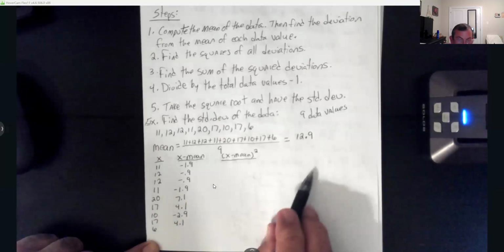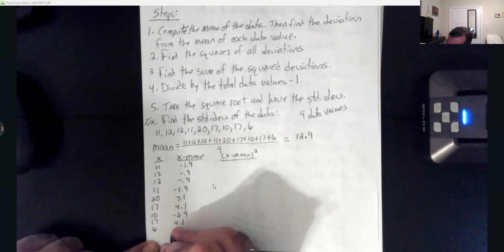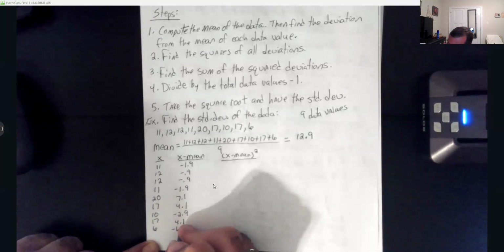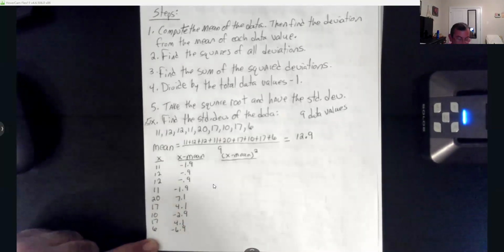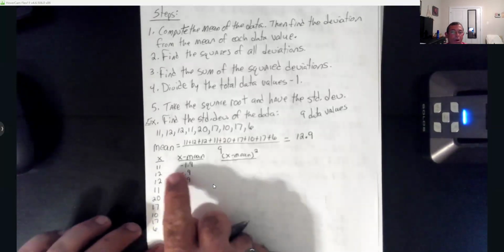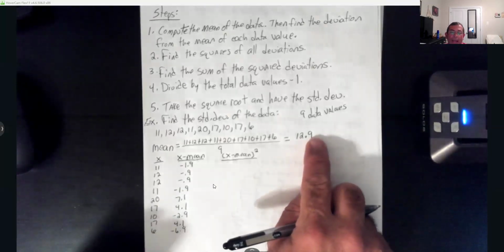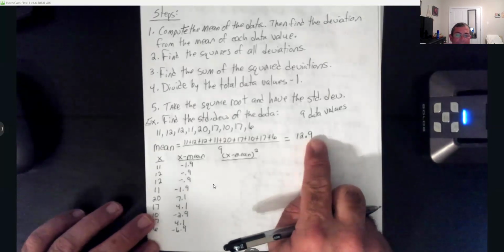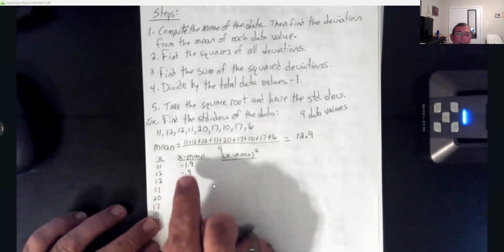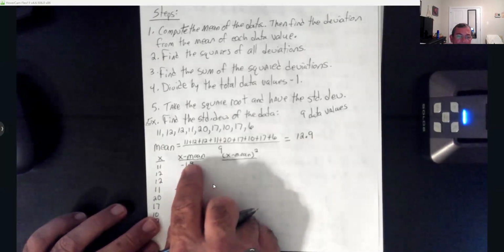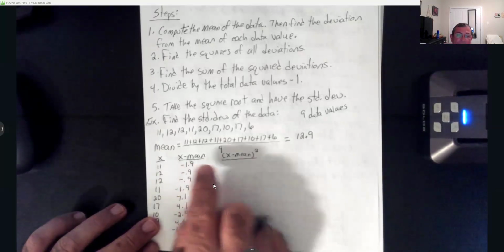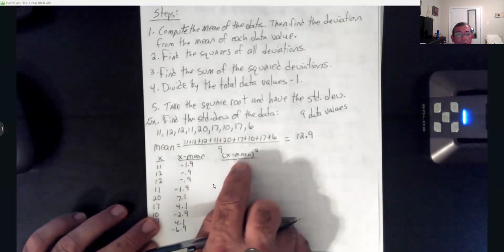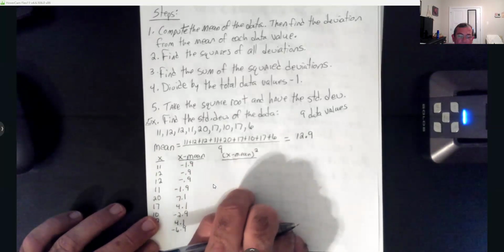And then 6 minus 12.9 left me a negative 6.9. So I took all these data points and subtracted the mean, which was 12.9, and got these values. Now I'm going to take these values and multiply times themselves. So we're going to square them and get this column of numbers.